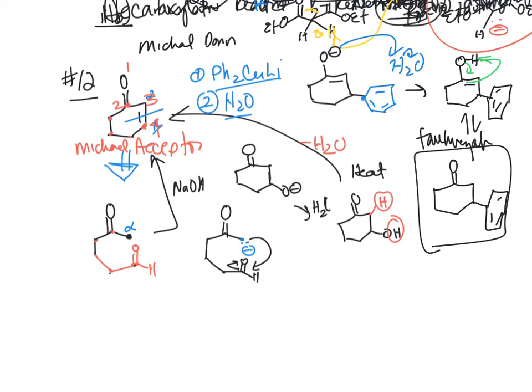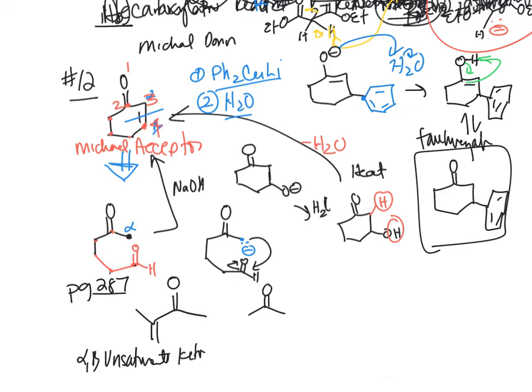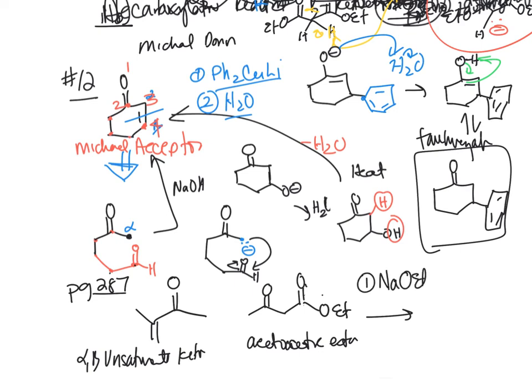Okay, B, let's do B on page 287. All right, so we have our alpha beta unsaturated ketone, and we're reacting it with this, which is an acetoacetic ester. We first react with sodium ethoxide, which is a good match here.